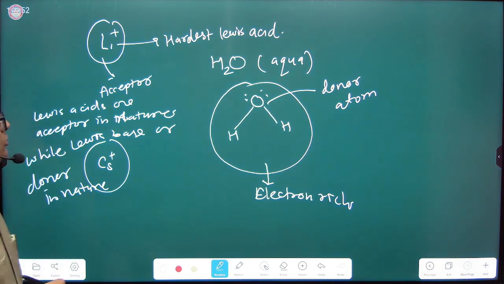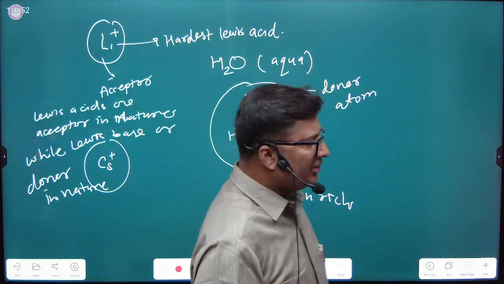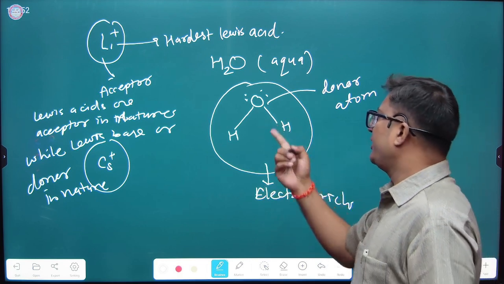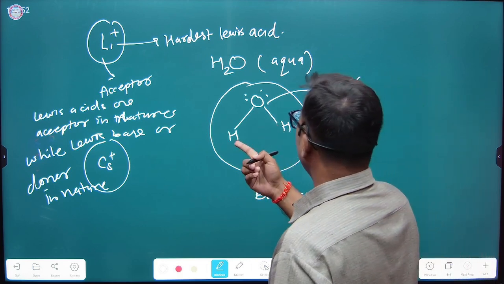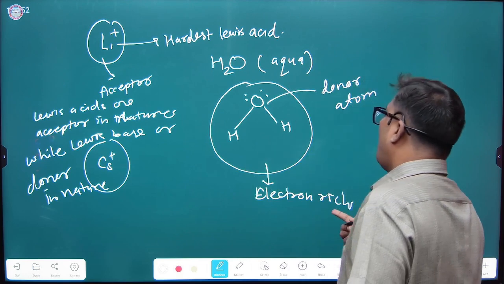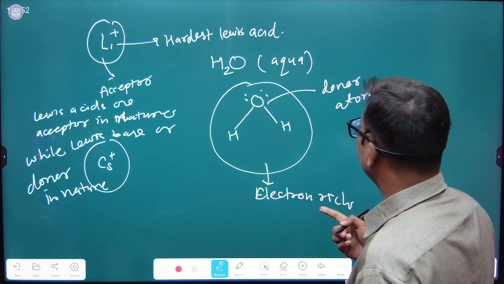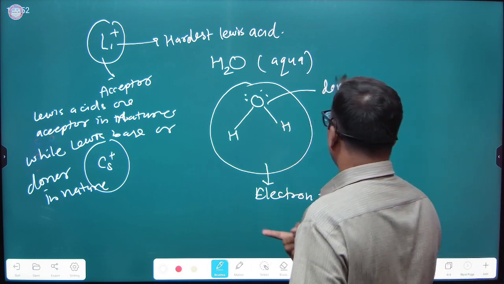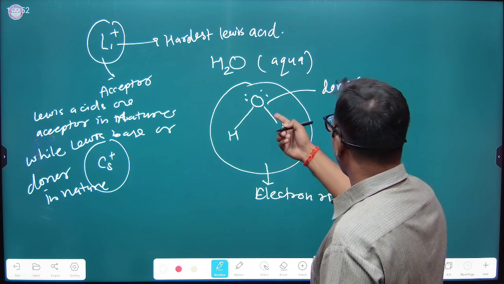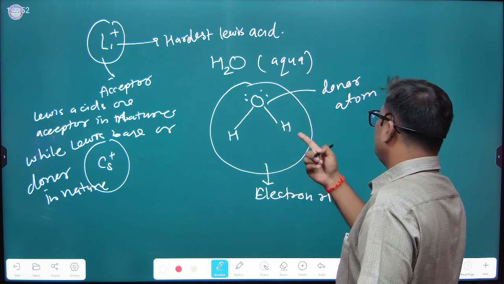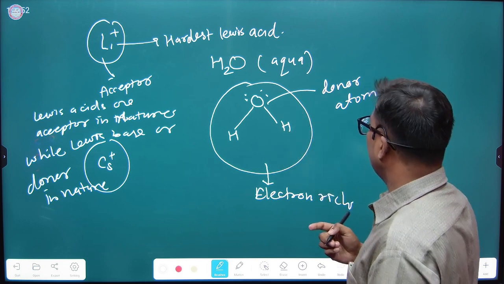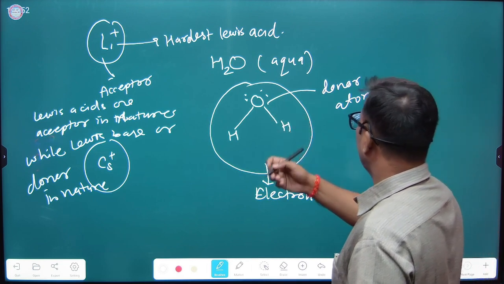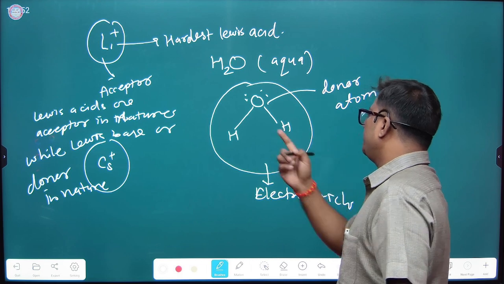So when we talk about the coordination chemistry of alkali metal cations, they are regarded as hard Lewis acids, and H2O has an oxygen atom in its structure, which is an electronegative atom and has a pair of electrons that can be donated.